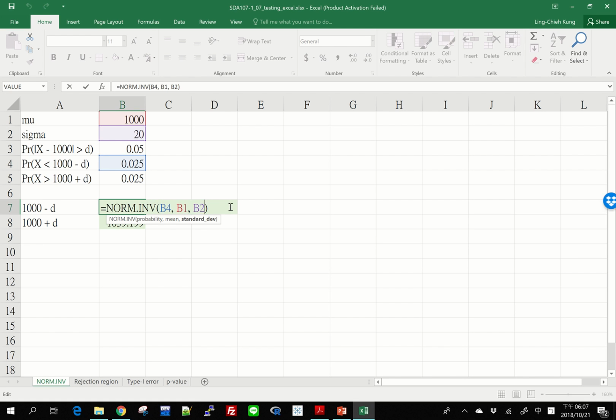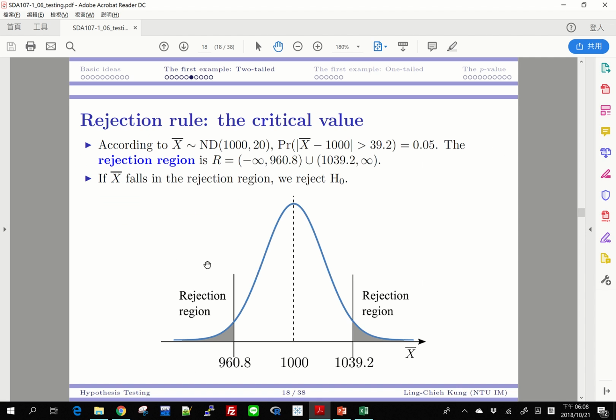In this case, we just need to enter these three numbers, because this is the mean, this is the standard deviation, and this 2.5% is the left tail probability we are looking at.